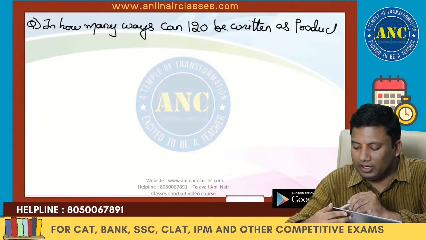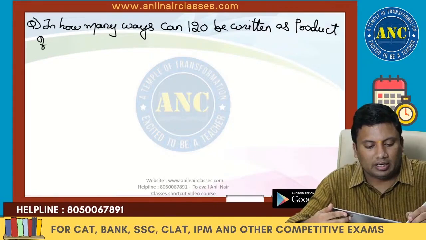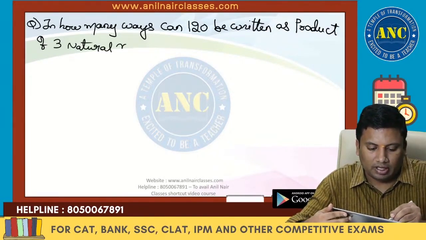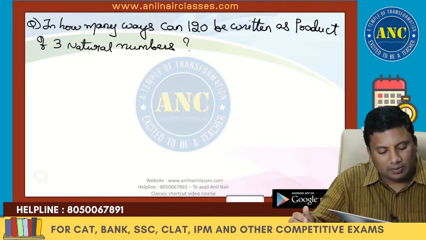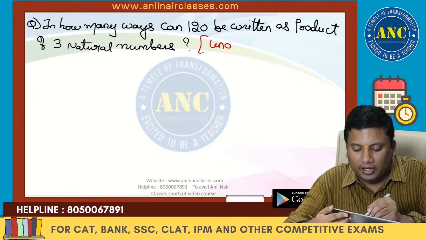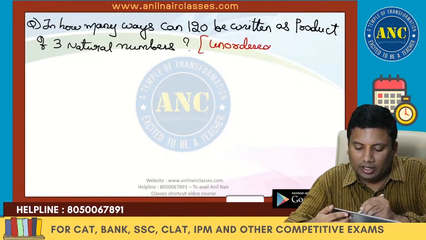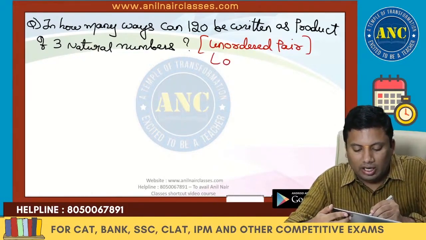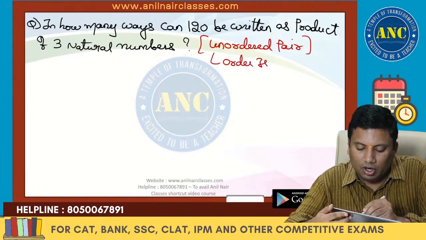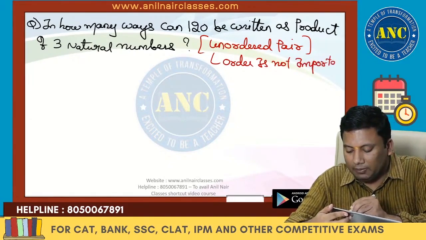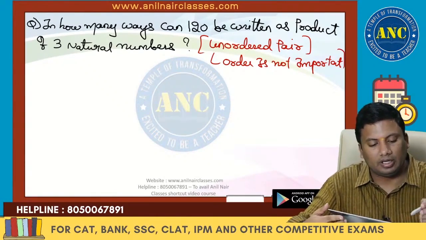Listen carefully, sir. As a product of 3 natural numbers, this is nothing but an unordered pair. What do you mean by unordered pair? Order is not important. The way in which you write the product is not important. Example.